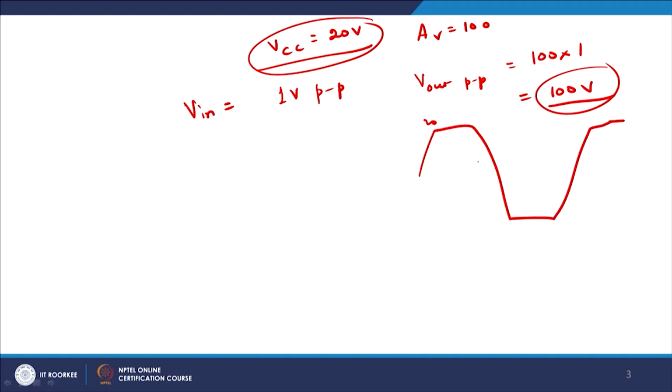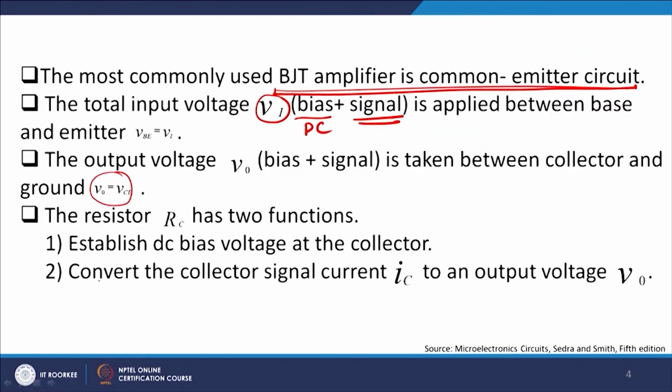This is 20, this is minus 20 or whatever, plus 20, or 0, it will go to 0 and will not go further down, right. So you see therefore that the output of a BJT will depend not only on the small signal gain of the amplifier, but it will also depend upon the VCC which you are using, or the amount of bias you are using to get those functions.